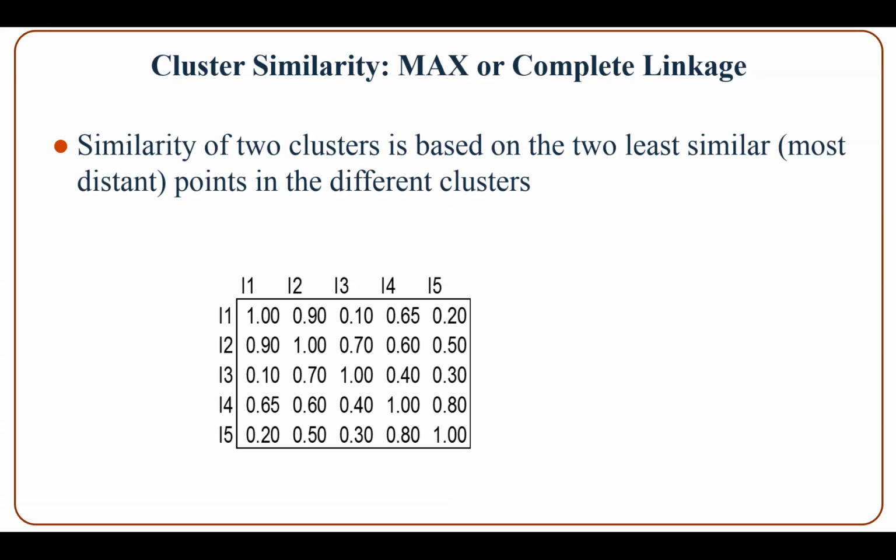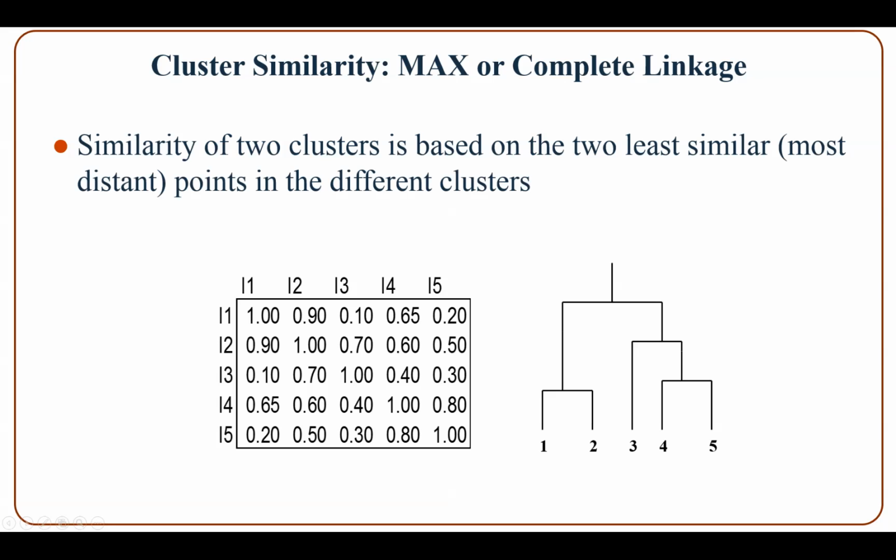In the max or complete linkage version, similarity of two clusters is based on the two least similar points in the different clusters. In the proximity table, we can see points 1 and 2 are closest, so we merge them together. Points 4 and 5 are closest next, so we merge them together. How about point 3?